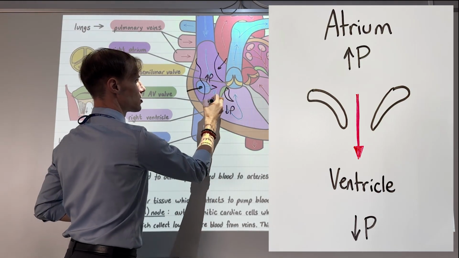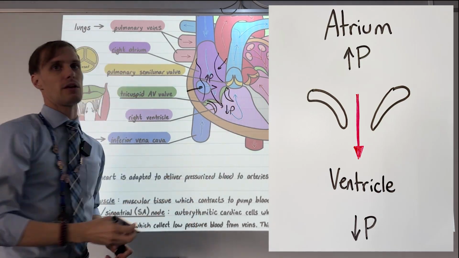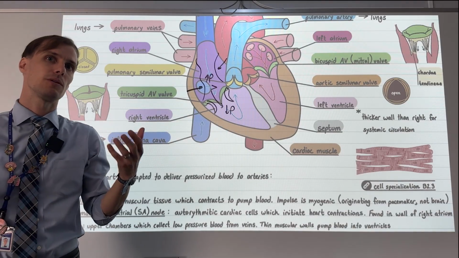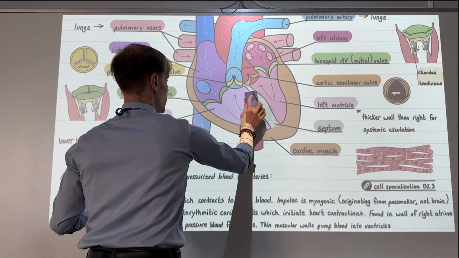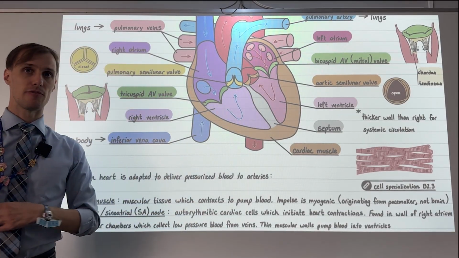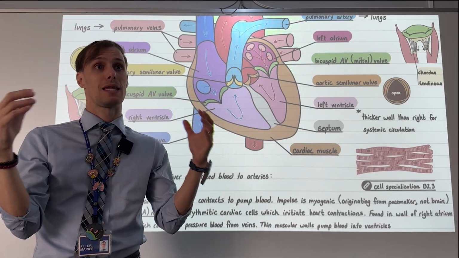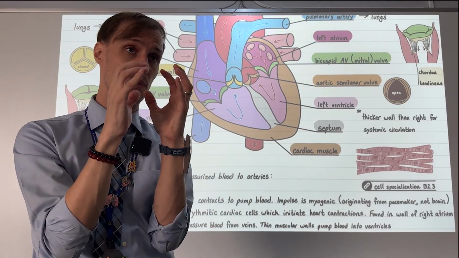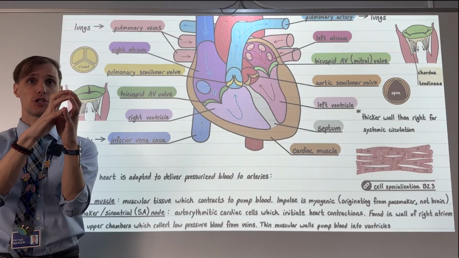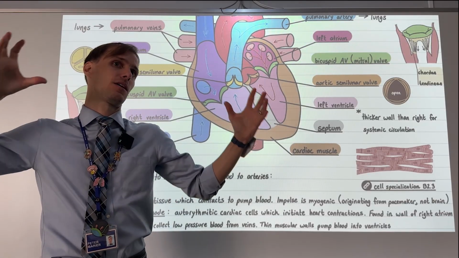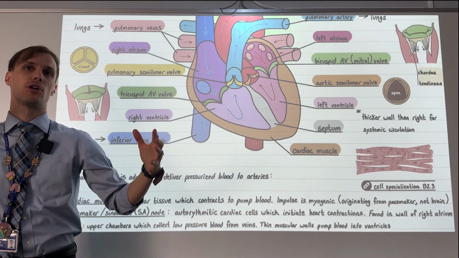That causes this to open and blood flows in. So it's really all the pressure differential. The heart can manipulate blood flow by contracting or relaxing. If I'm contracting something, I'm going to increase the relative pressure in that area. If I'm relaxing, I'm going to decrease the relative pressure in that area.